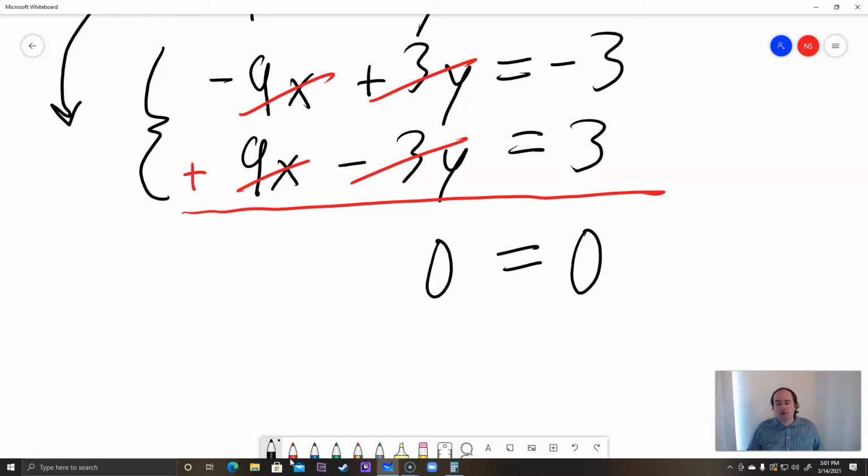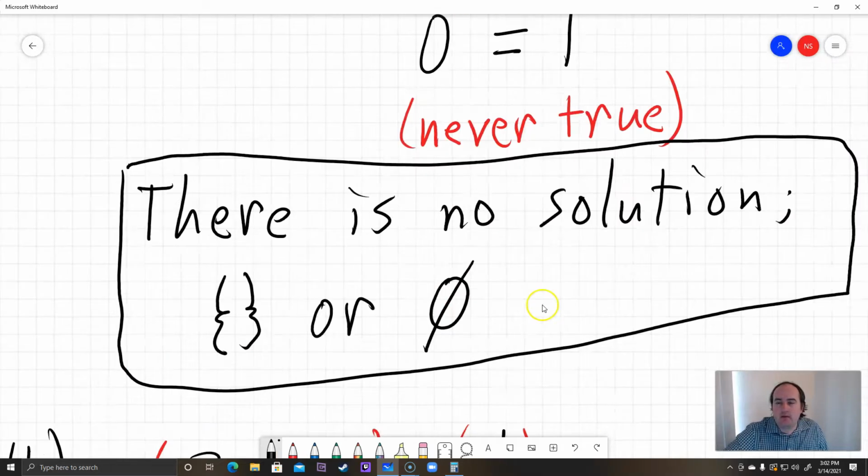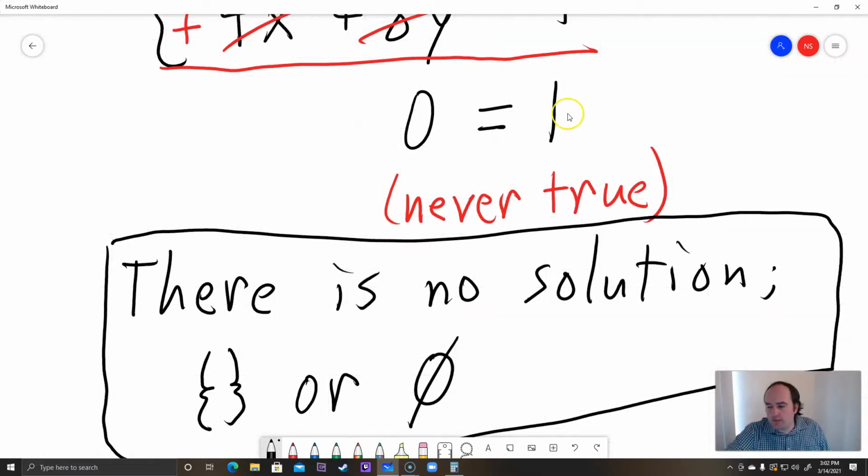Well, not only is this true, but this is always true. Right? This is always true because 0 is always equal to itself. On the last problem, we got 0 equals 1. Well, 0 equals 1 is never true. So if you get something that's never true, like one number equals a different number, that's always going to be no solution.